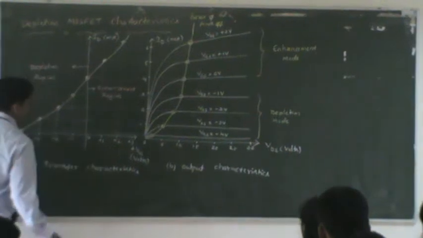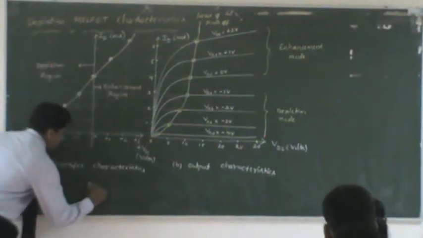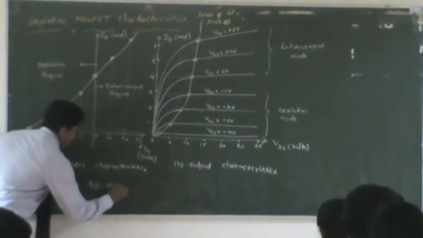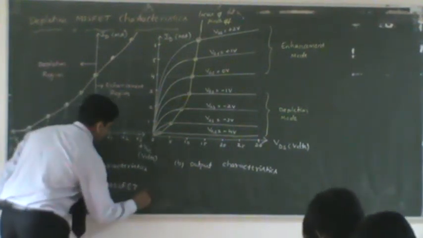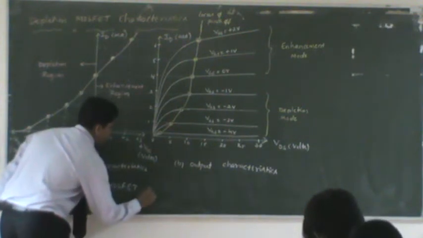And then combining together, we can say these are the D-MOSFET, depletion MOSFET characteristics.